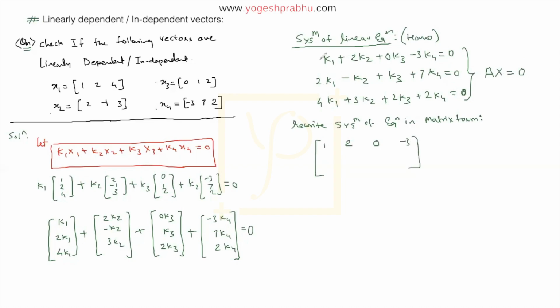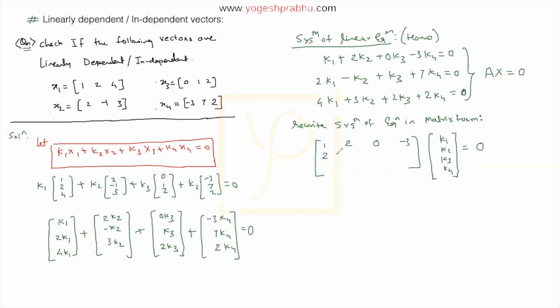I took these values, 1, 2, 0, minus 3. And I can write it like this: k1, k2, k3, and k4. So I got this. And the right hand side is anyway 0, so you can write this as 0, 0, 0 if you want, or just write this is equal to 0. It's the same thing.